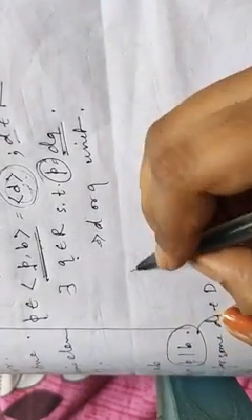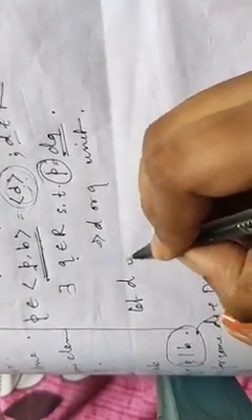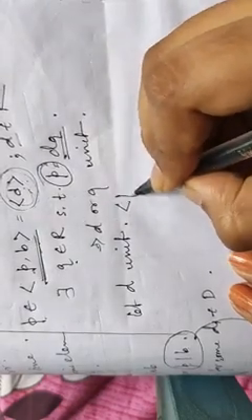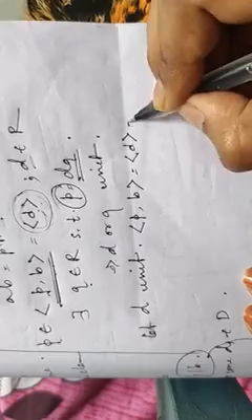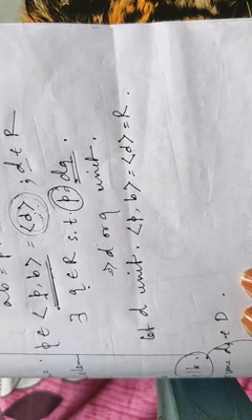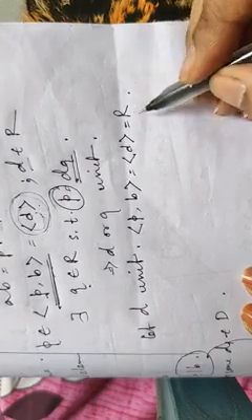Now let us consider the first case. Let D be a unit. That means the ideal generated by P comma B, which is generated by D, should be equal to R, because we have already checked that whenever an ideal contains the unity element, the multiplicative identity, it equals our given ring.